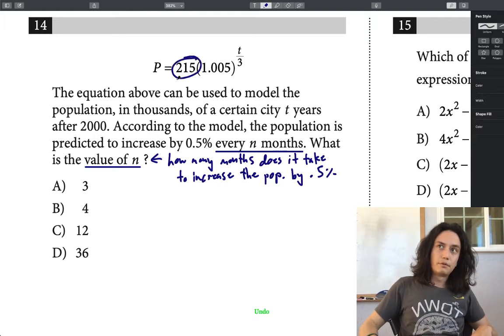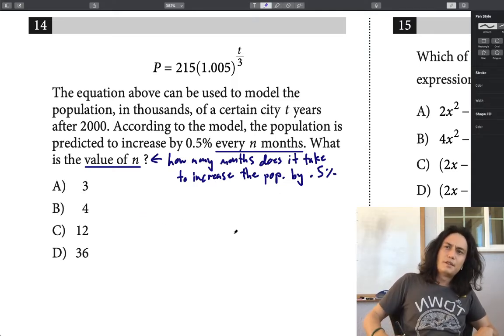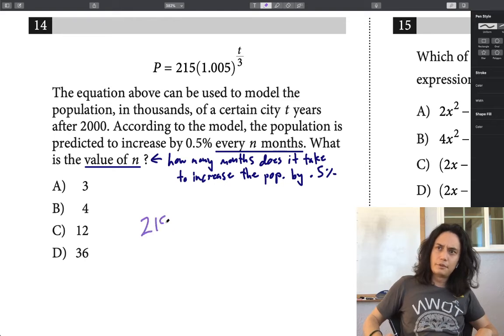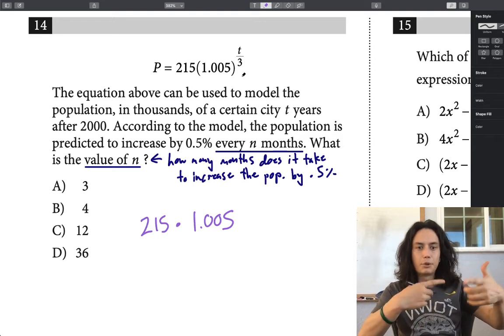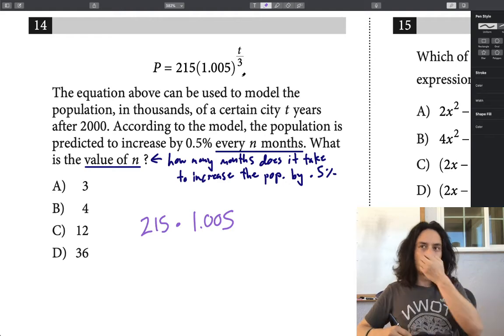Here there's 215. And the thing that's happening to that 215, I'm going to write this in a different color, is it's getting multiplied by 1.005 a bunch of times. And the number of times it's getting multiplied is like the number of cycles that this equation is going through.